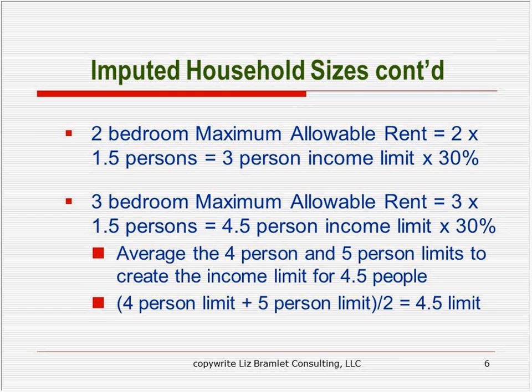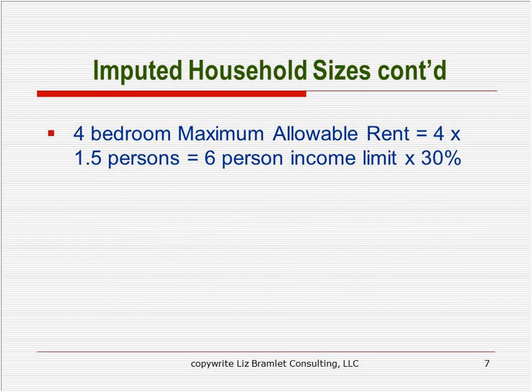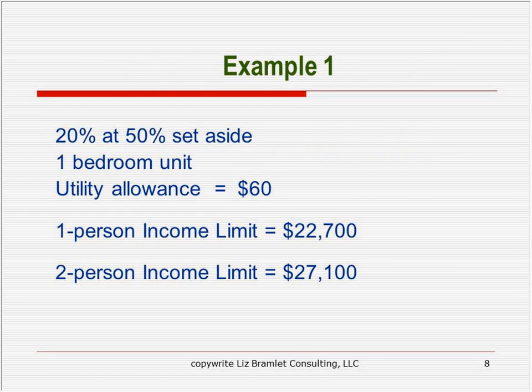Create that income limit by averaging our 4-person and 5-person income limits. For a 4-bedroom, we say 4 times 1.5 persons equals 6 persons. So the maximum rent for a 4-bedroom tax credit unit is 30% of the project's income limit for 6 people.